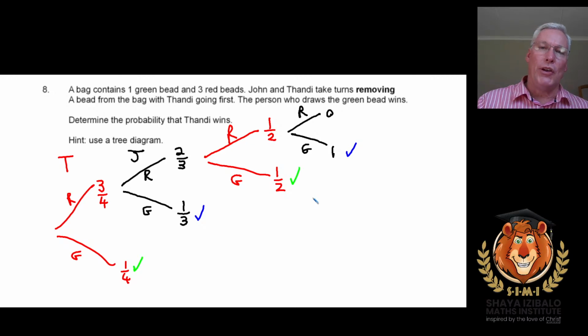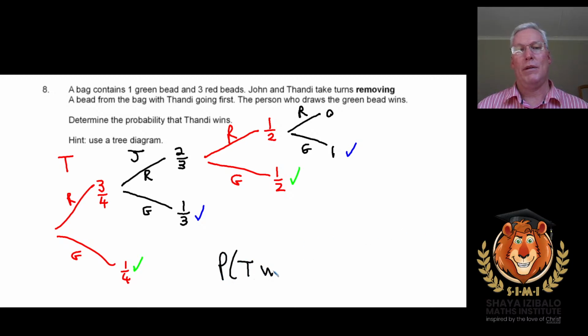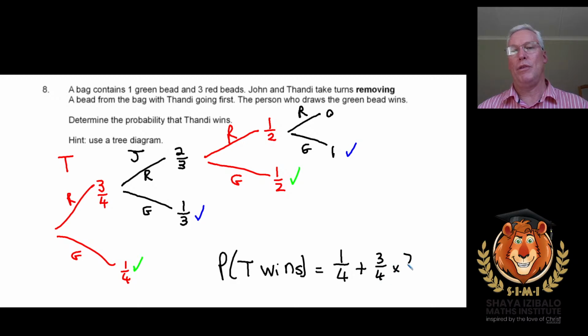Now what we've got to do is add Tandy's chances of winning together. Tandy could win right up on the first draw. So the probability that Tandy wins is going to be a quarter, plus the probability of getting to this next green tick. Remember, we multiply down the branches: 3/4 times 2/3 times a half.